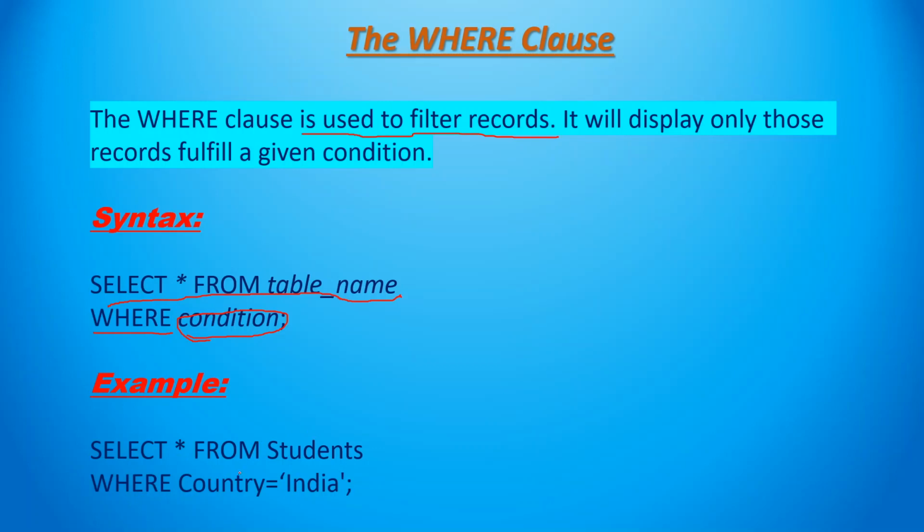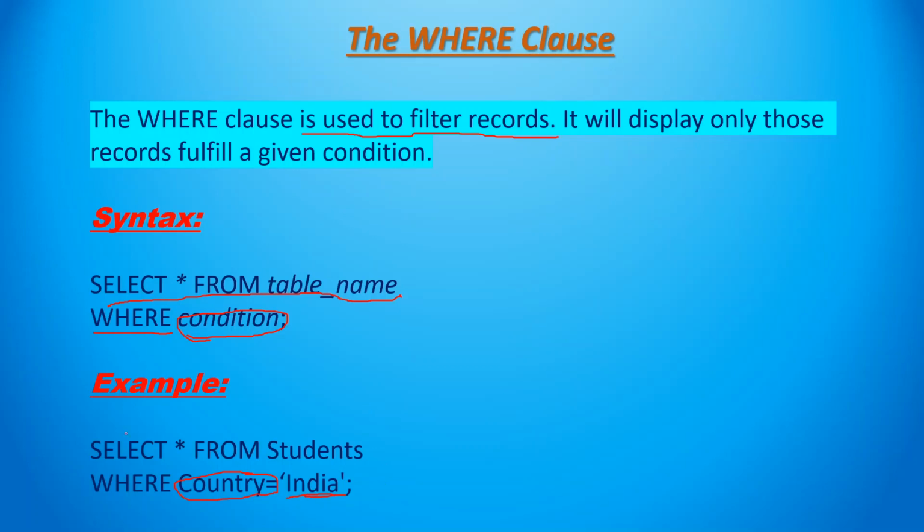It will display details of only those students who belong to India. Suppose country is an attribute in your table student, then it will display only those students who belong to country India. So this way we can filter the data using the where clause.